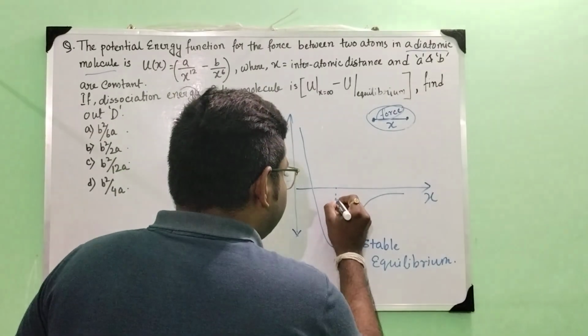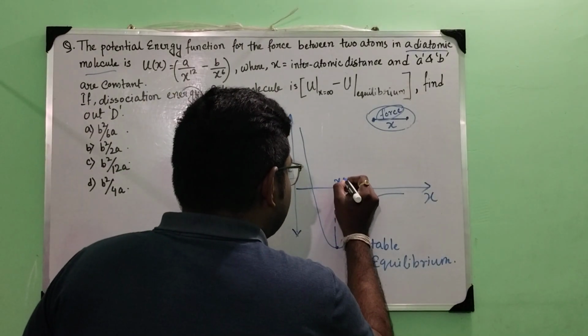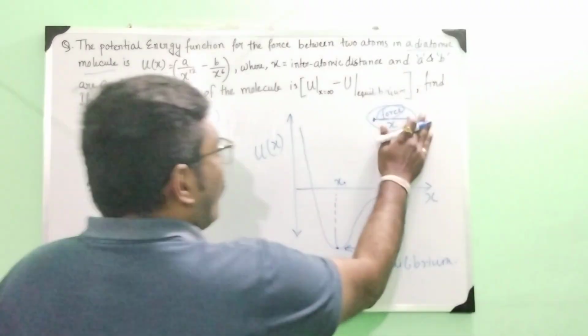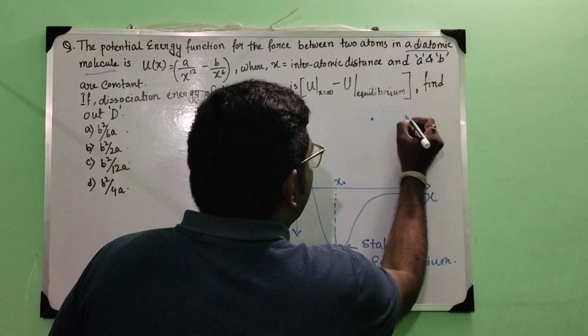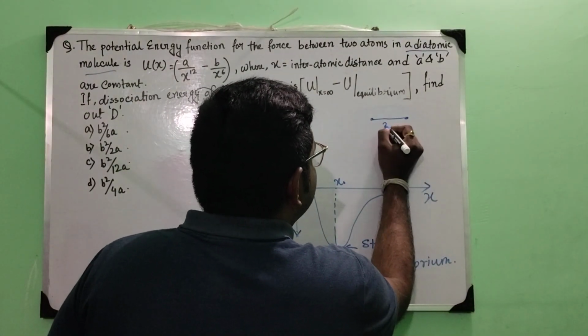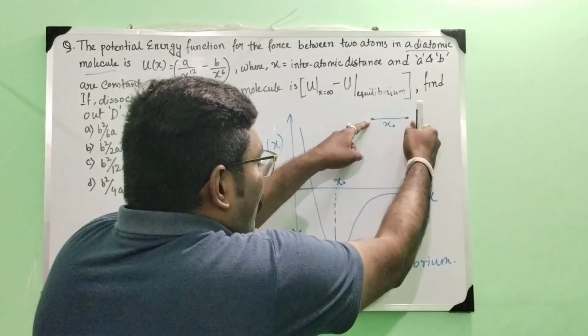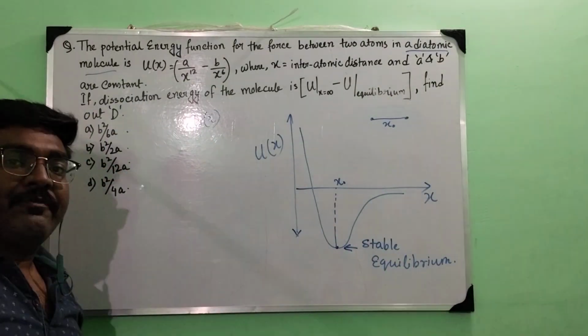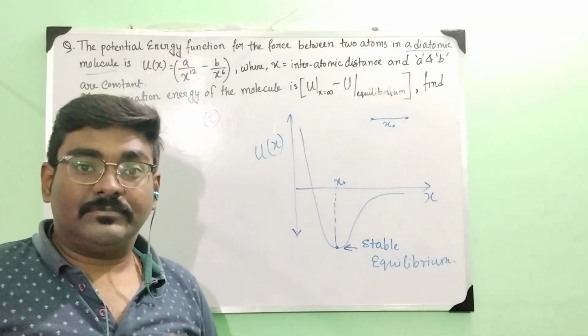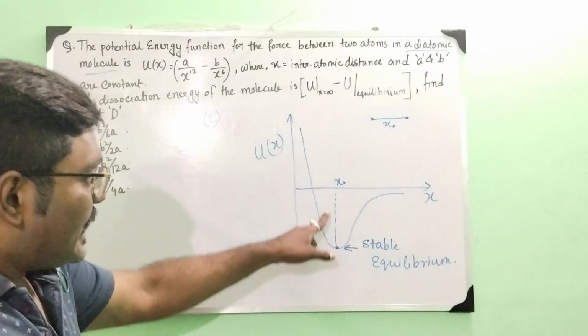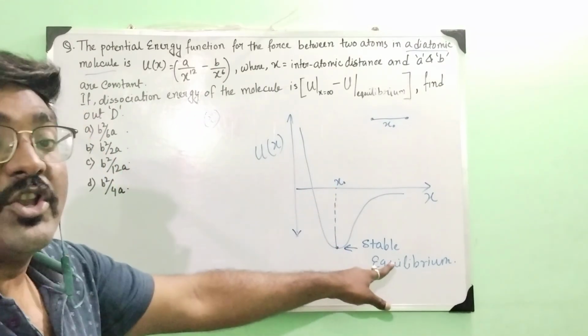Suppose this is x0. That means when the two atoms are separated by a distance x0, that configuration is the most stable configuration of the molecule. Understood? So this is x0, the most stable equilibrium.